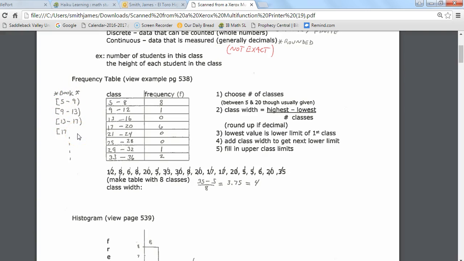And so if you have to make a histogram from this type of class setting, then you don't have to worry about any decimal points. Just go from 5 to 9, and this would go from 9 to 13. There won't be any spaces, so you can just use the actual numbers that you see here. But this one did have gaps, so we are using decimals in between, like 8.5.